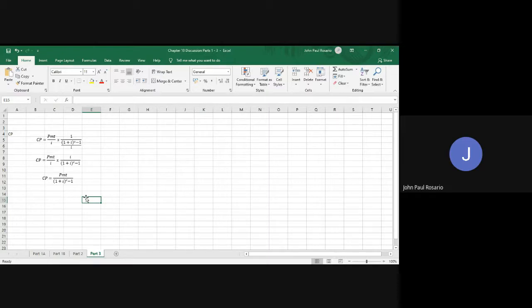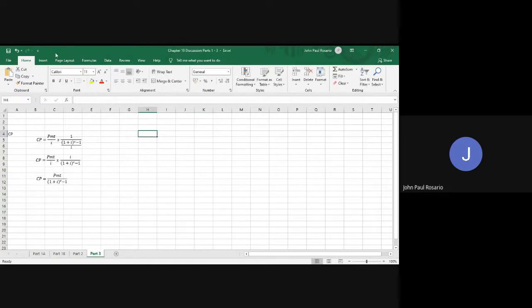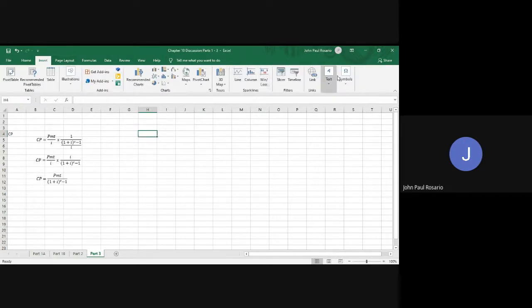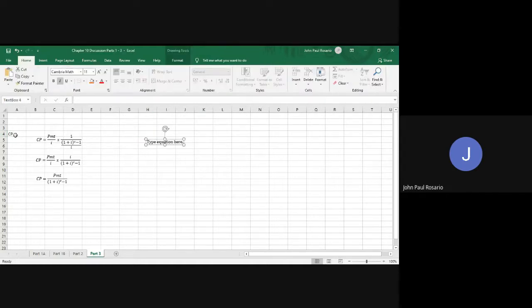By the way, before we proceed, my formula for this is this one. There is also the complex ordinary perpetuity.